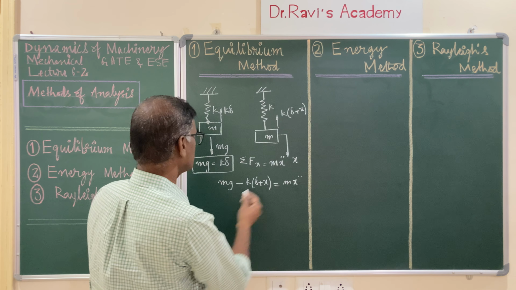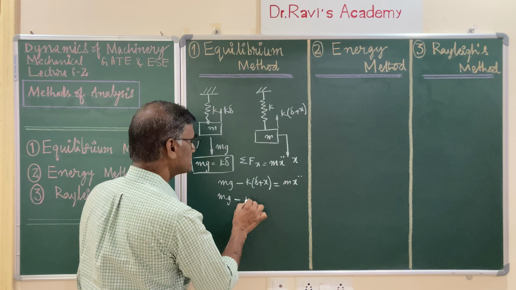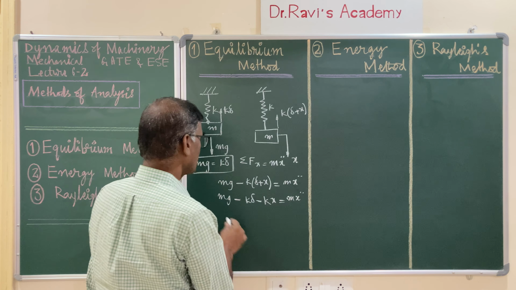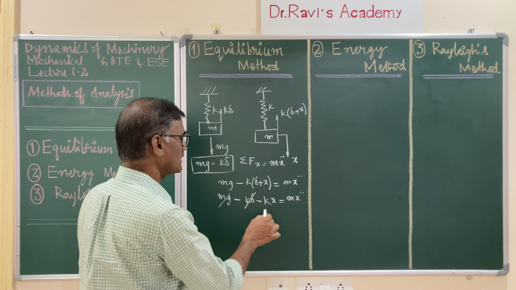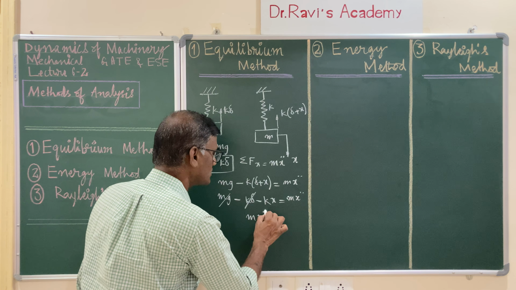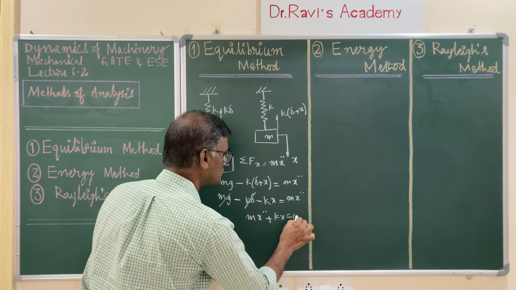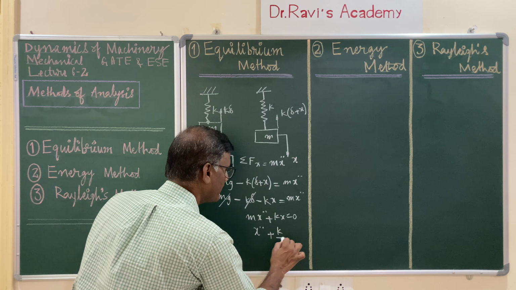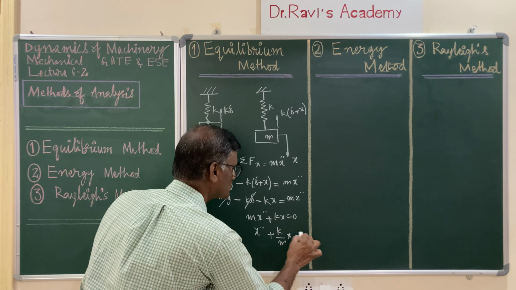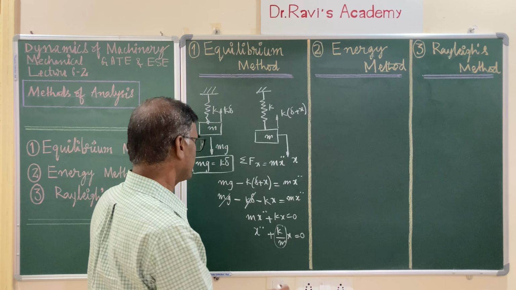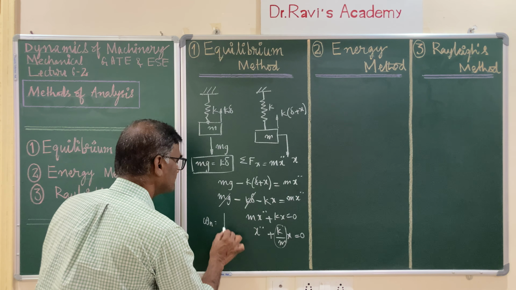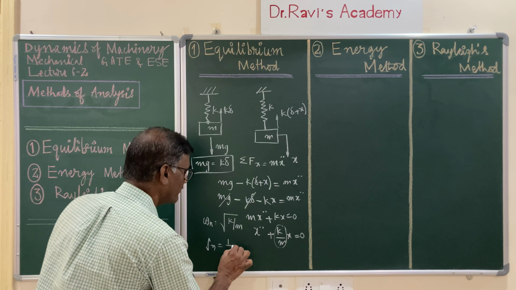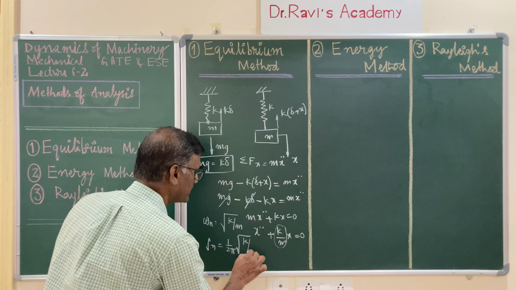acceleration. So if you expand, you have mg minus k delta minus kx is equal to m x double dot, and as you know these two are equal and cancel, and if you rewrite, m x double dot plus kx is equal to 0, or you can keep in the standard form, that is x double dot plus k by m into x is equal to 0, and this is your radian frequency, that is omega n is equal to under root k by m, and the natural frequency is 1 by 2 pi into under root k by m.